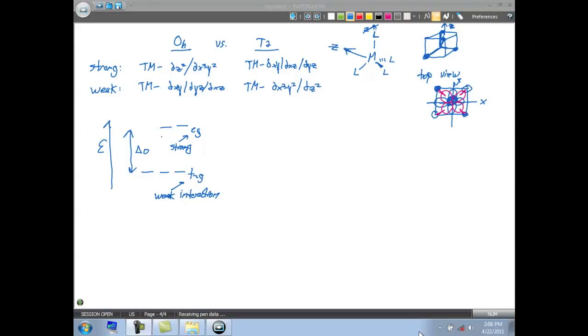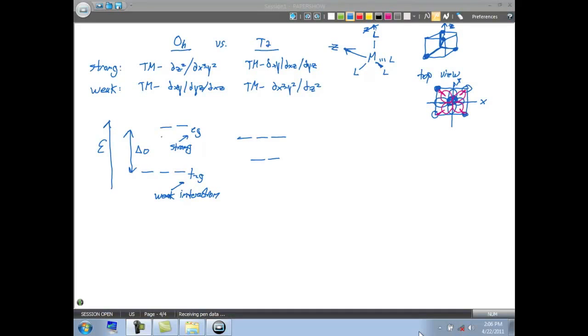The opposite case is true for a tetrahedral molecule. Our strong interactions are going to be the dxy, xz, and yz. So here, our triply degenerate orbitals are going to be the ones that have the highest energy, and our doubly degenerate orbitals are going to be the ones with the lower energy.